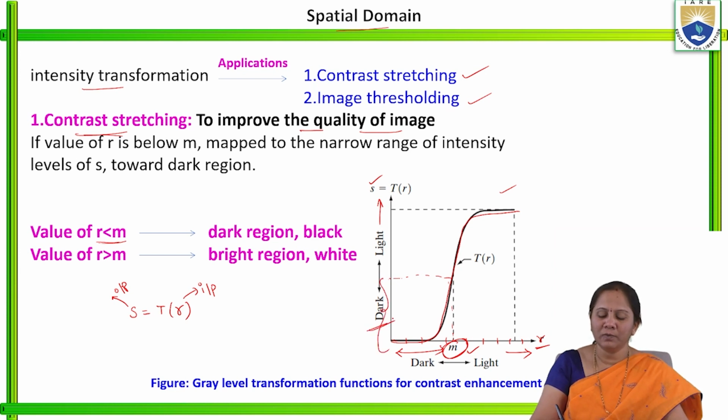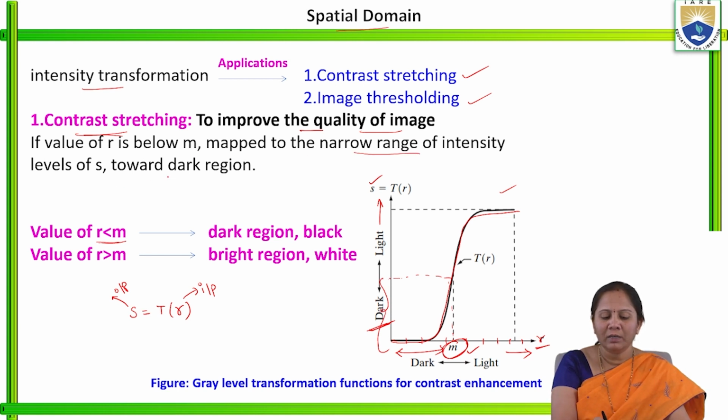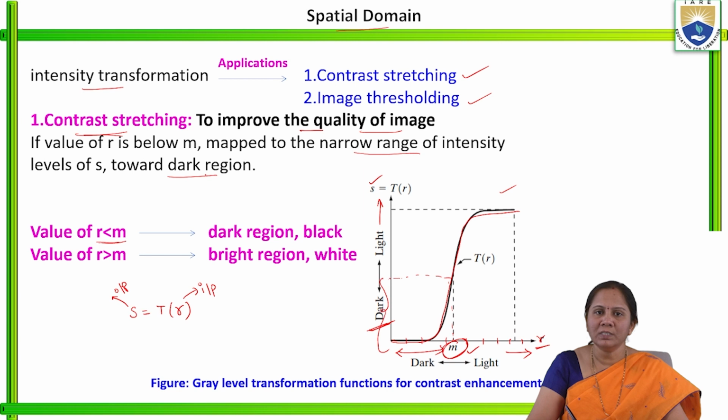On the y-axis, this region is called the dark region. So if the value of R is less than M, then the narrow range of intensity levels of F will be towards the dark region. That means those particular pixels will be represented as black color.